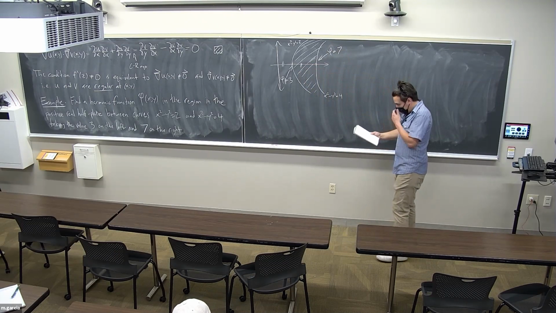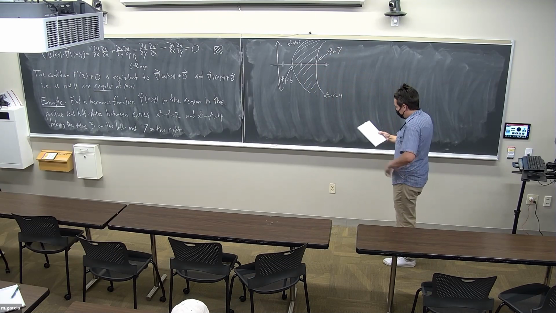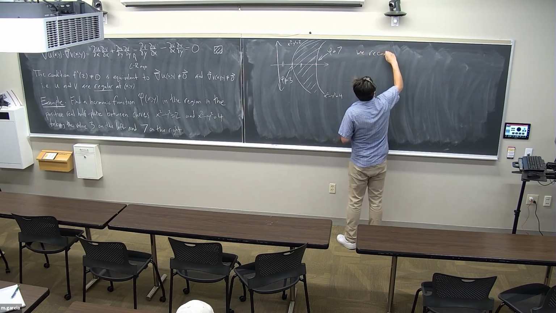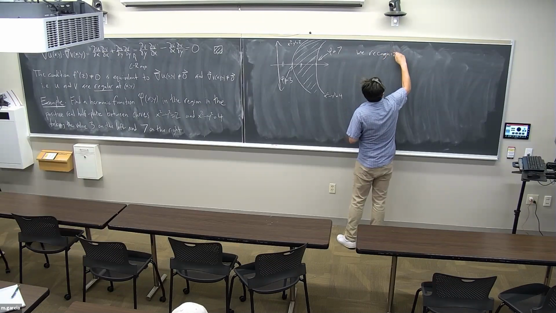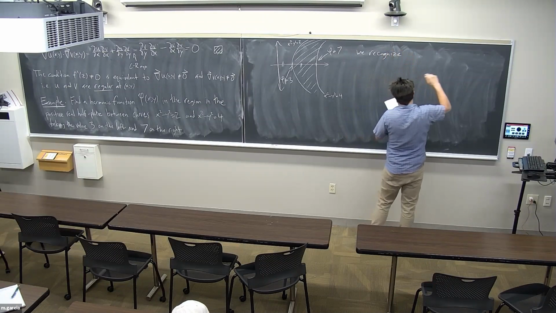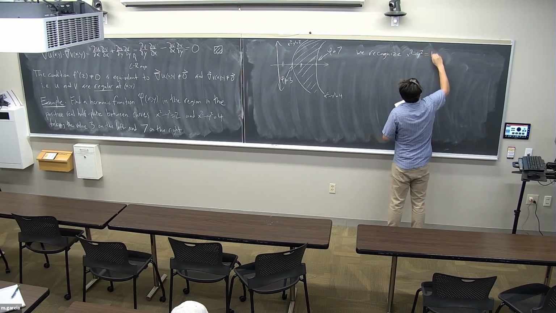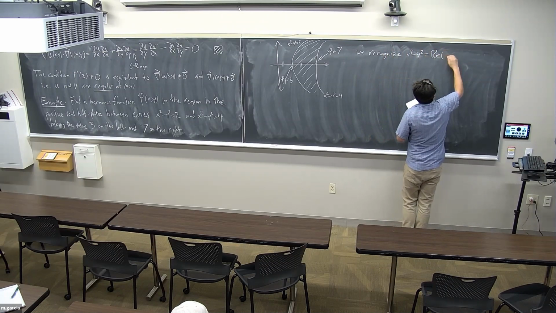Okay, so we recognize x squared minus y squared, of course, as the real part of z squared.